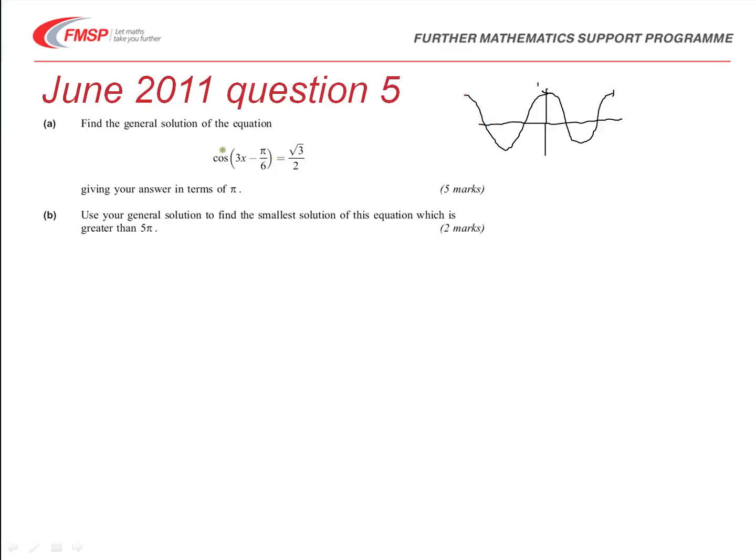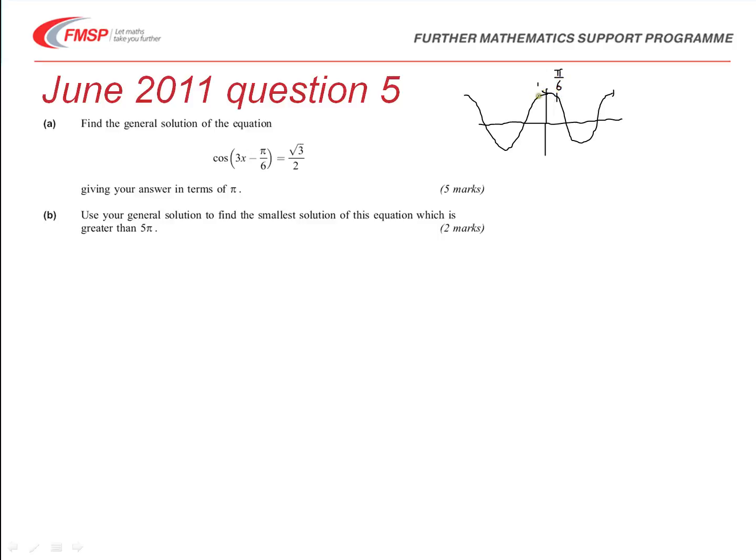So firstly we need to find out the value of the angle when the cosine is equal to root 3 over 2, and we should know that is one of our standard angles that we need to know, and that is pi by 6, or 30 degrees.